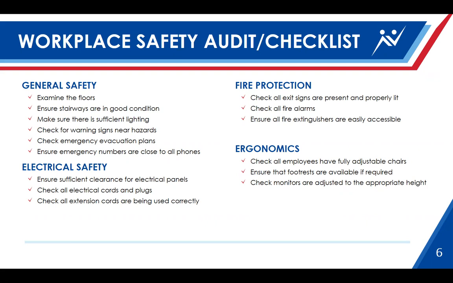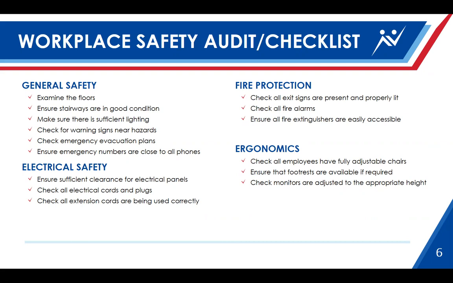For electrical safety, the electrical panels need sufficient clearance. Need to make sure that electrical cords and plugs are all kept out of the way of people's walking paths and working areas, as that can be a huge hazard if they're not.